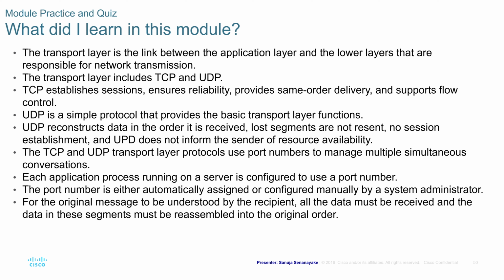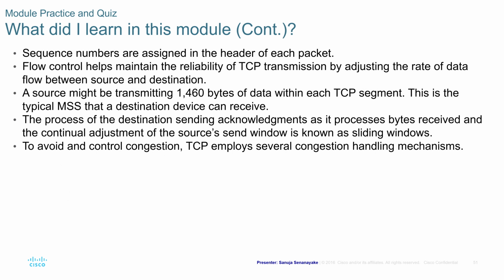The port number is either automatically assigned or configured manually by a system administrator. For the original message to be understood by the recipient, all data must be received, and the data in these segments must be reassembled into the original order. Sequence numbers are assigned in the header of each packet.